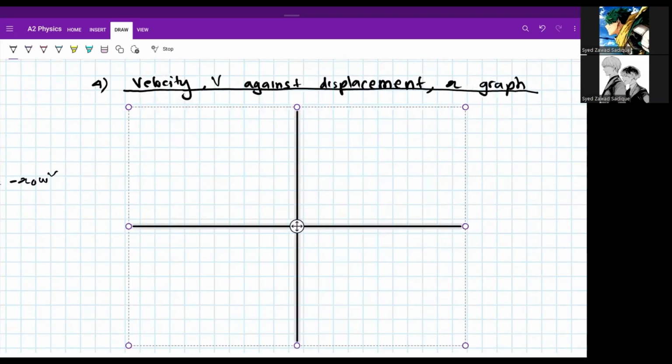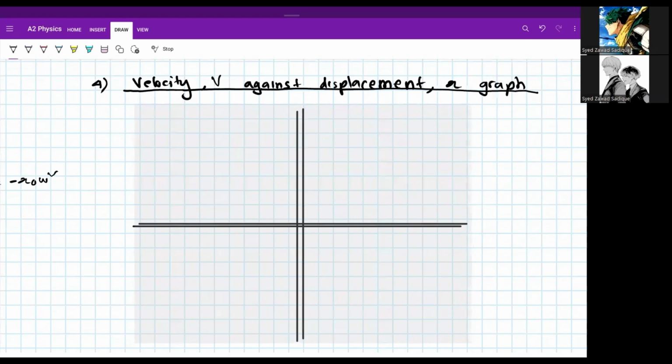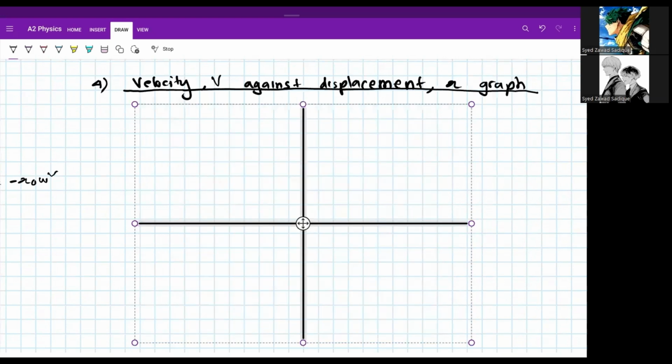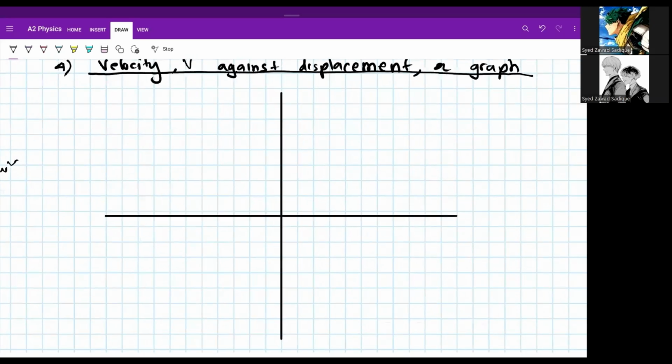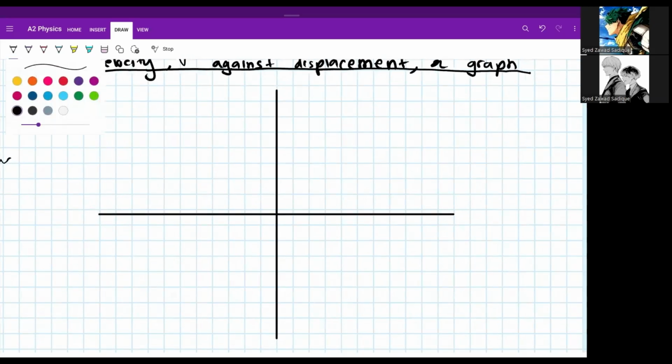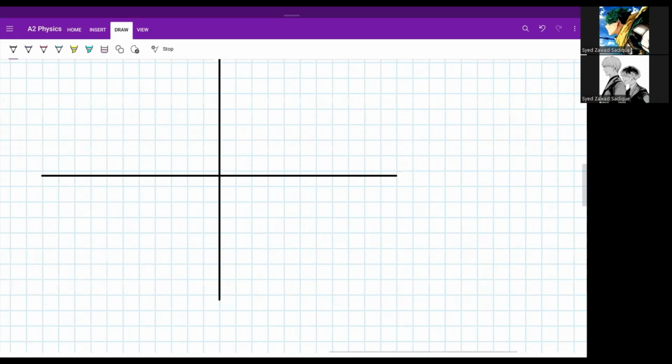Actually, let me align it nicely. So let's consider this point. This is velocity in meters per second, and this is displacement in meters.